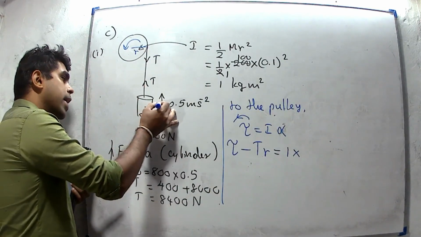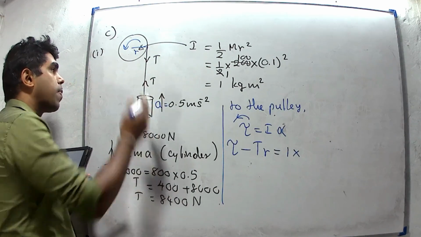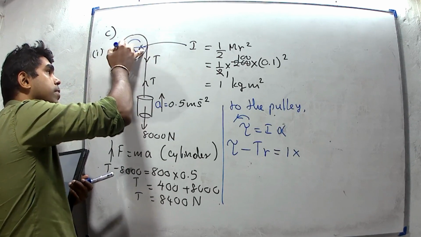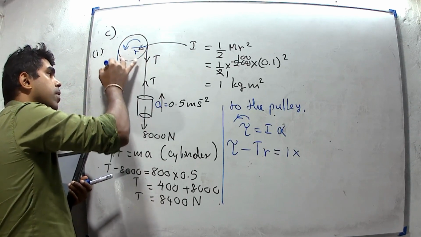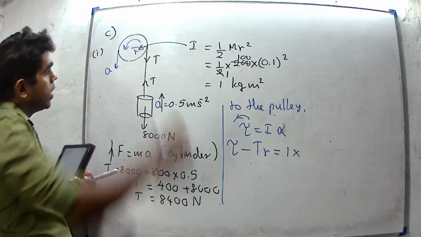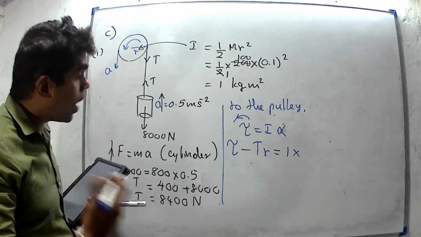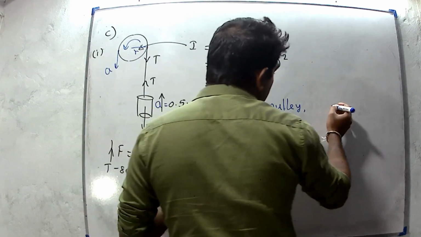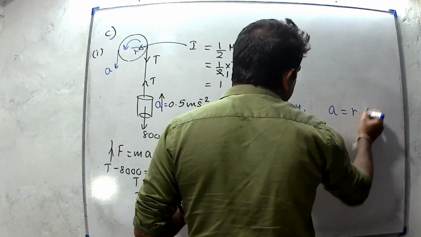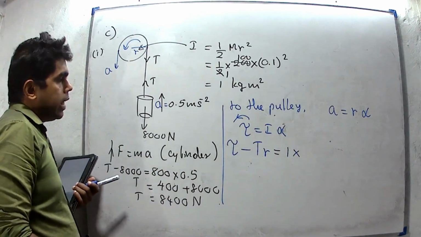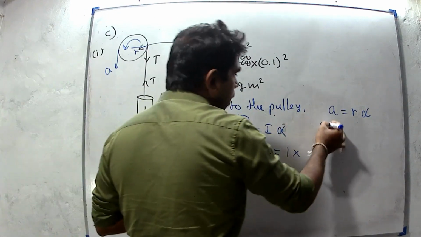If the linear acceleration of this object is A, it is the tangential acceleration of the pulley, and the relationship between tangential acceleration and angular acceleration is A equals R alpha. Then we can substitute the tangential acceleration 0.5.